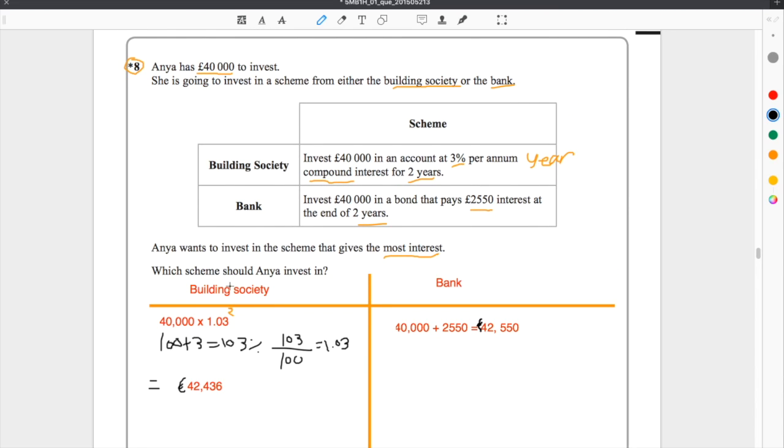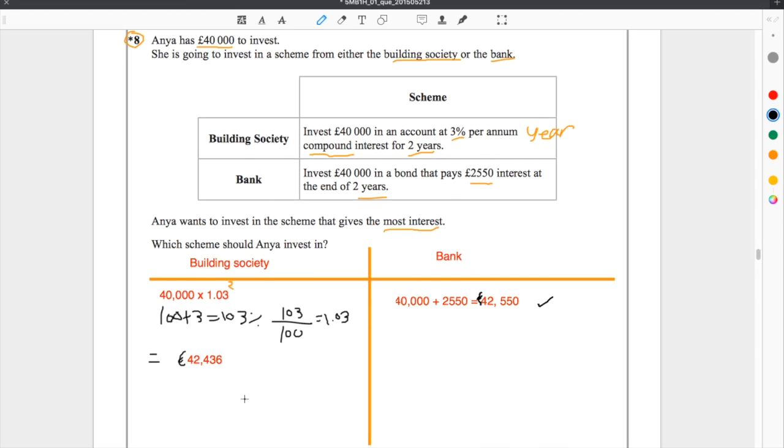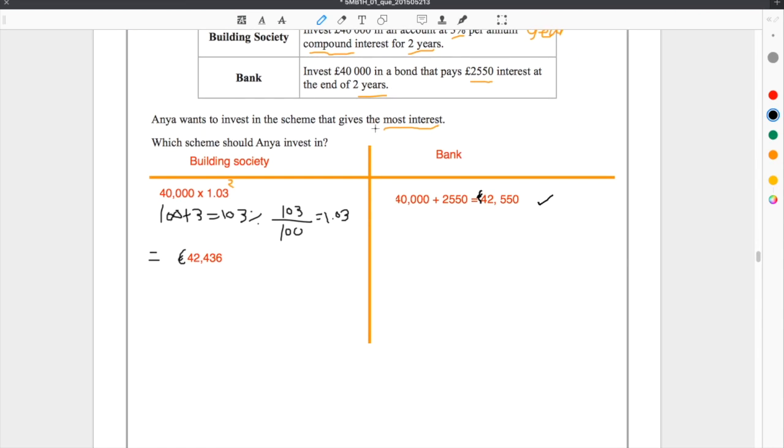So Anya should invest in the bank scheme. We'll put a tick here, but just to make sure we've completed the question, we need to look back here where it says gives the most interest. So we're looking at interest rates.